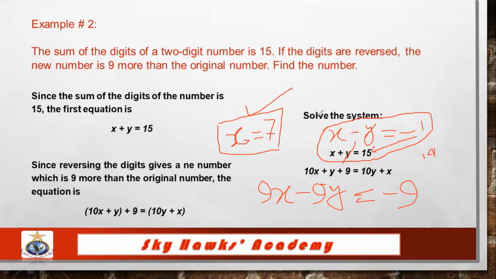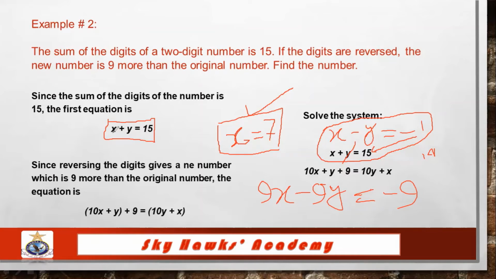So one digit is x, the next one is y. We will put this value over here.